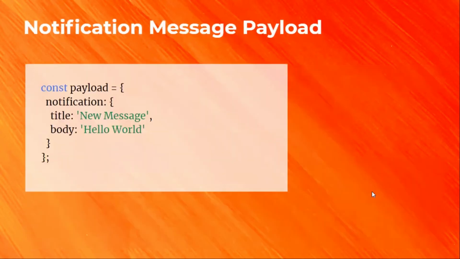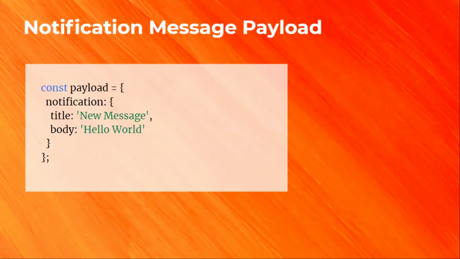Okay. So notifications have a payload. You have to use two types of messages, as Priyanka explained to you: the notification message payload, and the other is data-only messages. Notification messages are automatically handled by the FCM SDK.